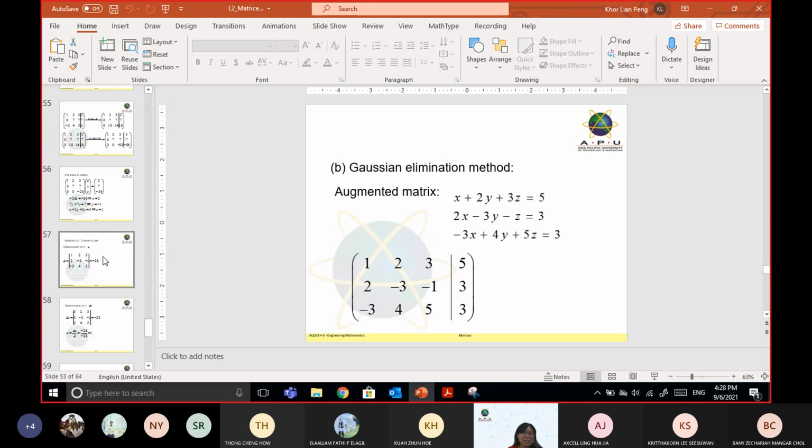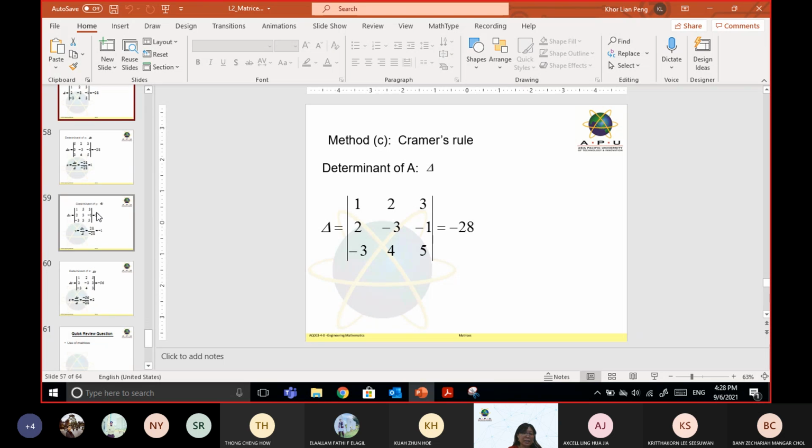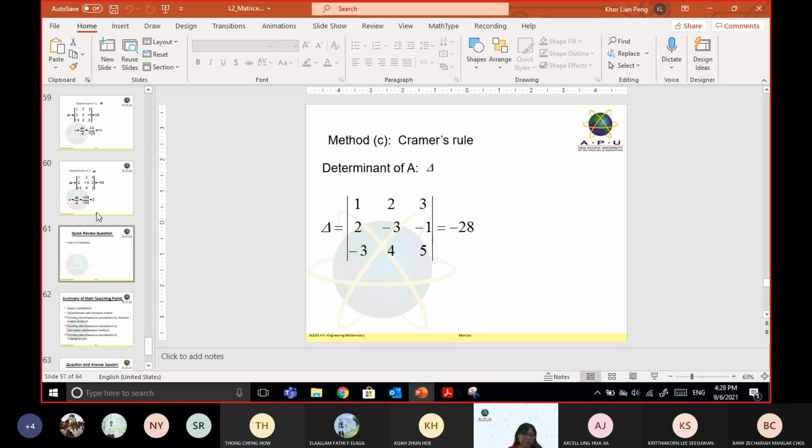Then the last method is Cramer's rule. I think using Cramer's rule might be the easiest. These are the third method.